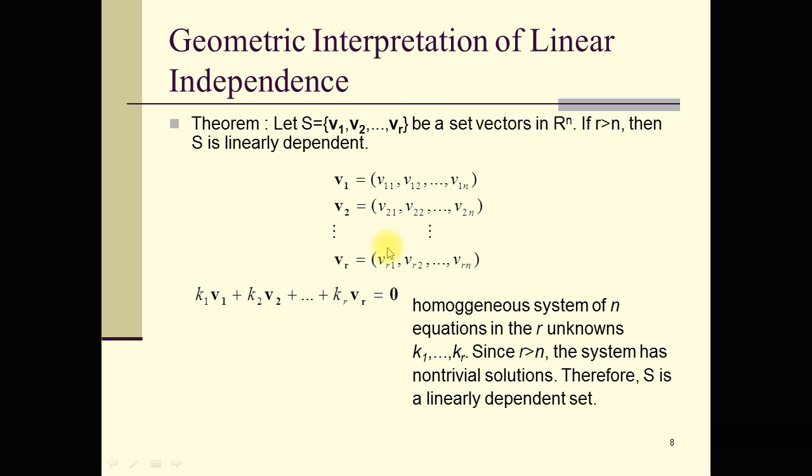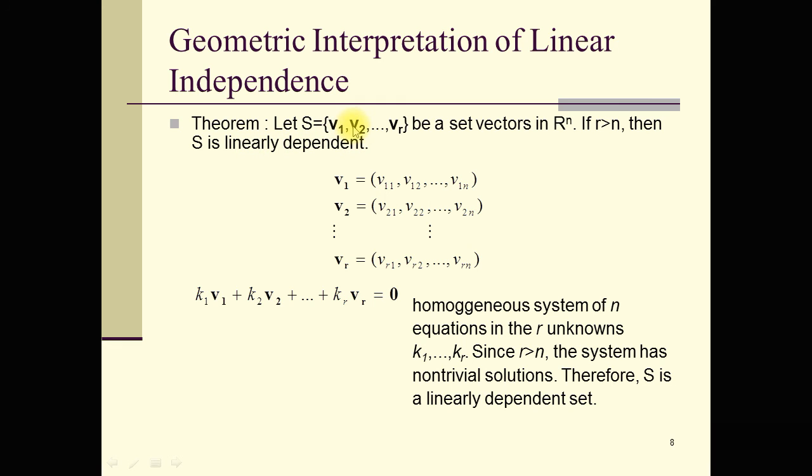This is a homogeneous system of n equations in the r unknowns k1, k2 up to kr. Since r is greater than n, the system has a non-trivial solution, and therefore the set S is a linearly dependent set.